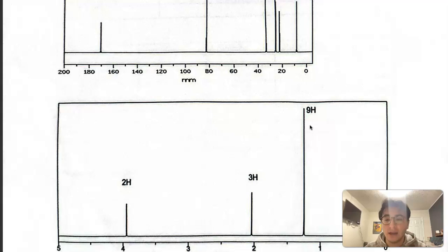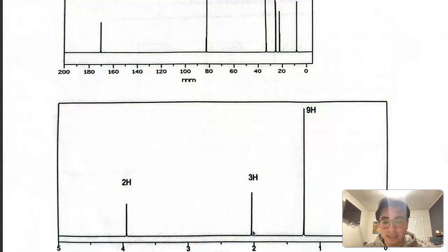And that is so upfield at 1.25 ppm, indicating that it's far away from the carbonyl ester portion. We see something slightly more downfield, roughly at 2 ppm, with 3H. So we know that there is a methyl that also gives a singlet.